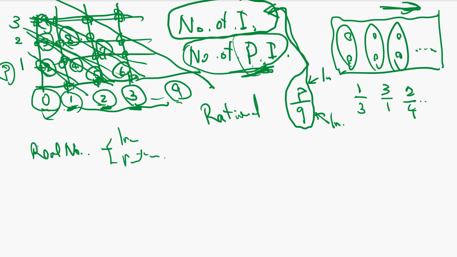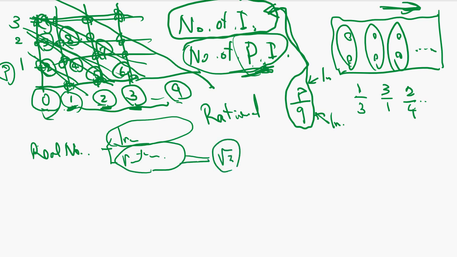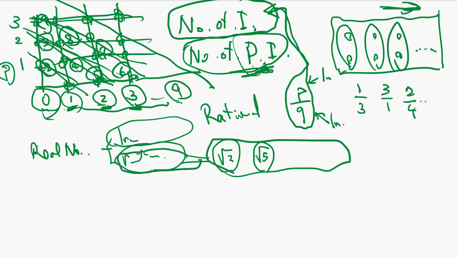That's going to be a little bit tough because to every rational number you can attach square root of 2, which becomes an irrational number, or you can attach square root of 5. So an infinite number of these exist in the real numbers.